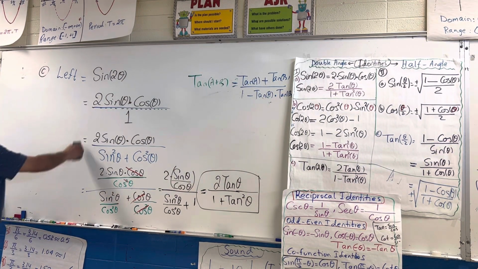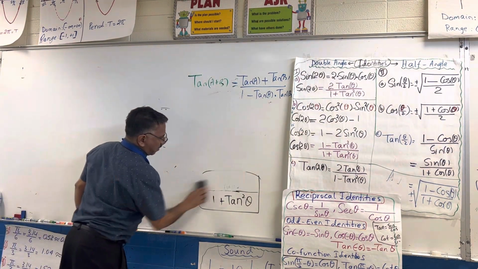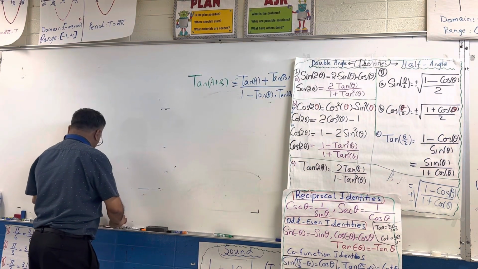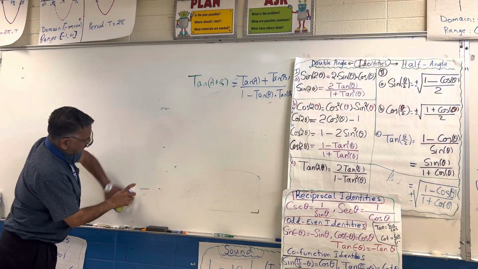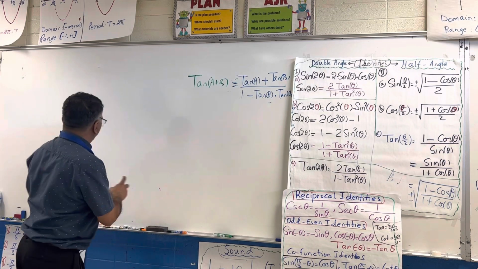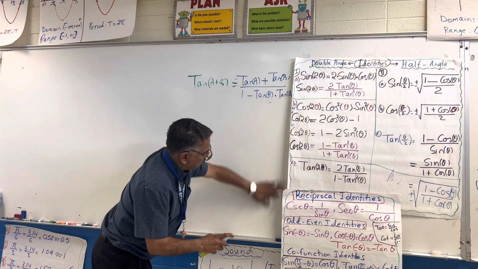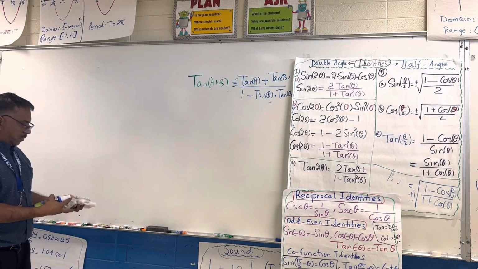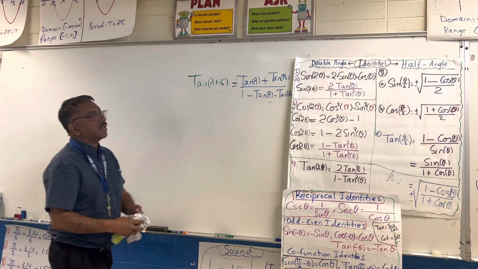Cos 2 theta. Start with cosine and then you can start with the very first formula, right?